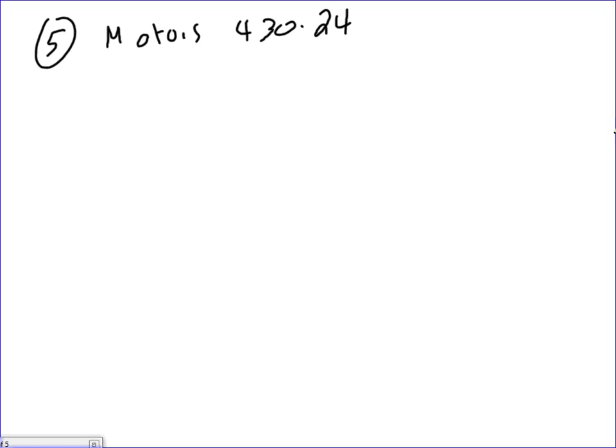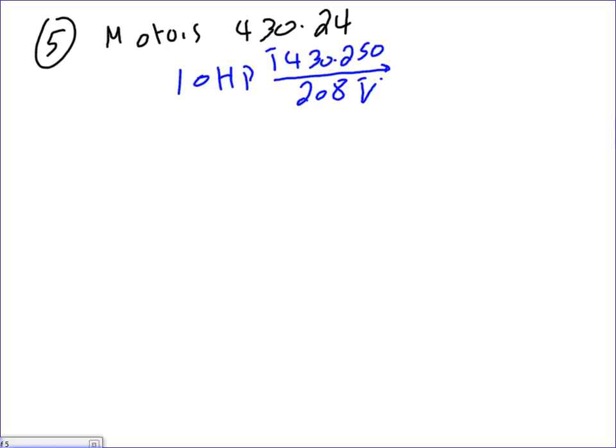If you take this 10 horsepower to Article 430.250 table and under 208 volt, you're going to find that the full load current is 30.8 amps.